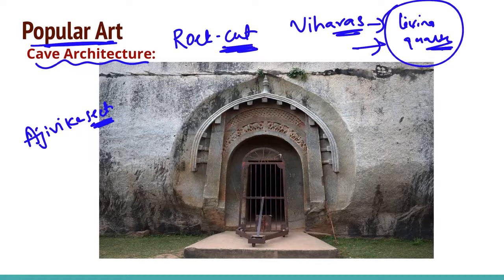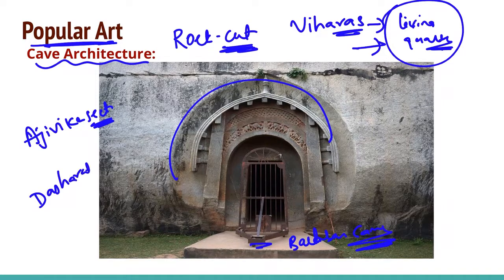The caves during the Mauryan period were marked by highly polished finish of the interior walls and decorated gateways. This is the decorated entrance of Barabar caves. Examples with highly polished interior walls and decorative gateways are Barabar caves and Nagarjuni caves in Bihar. They were formed during the time of Dasharatha, the grandson of Ashoka.